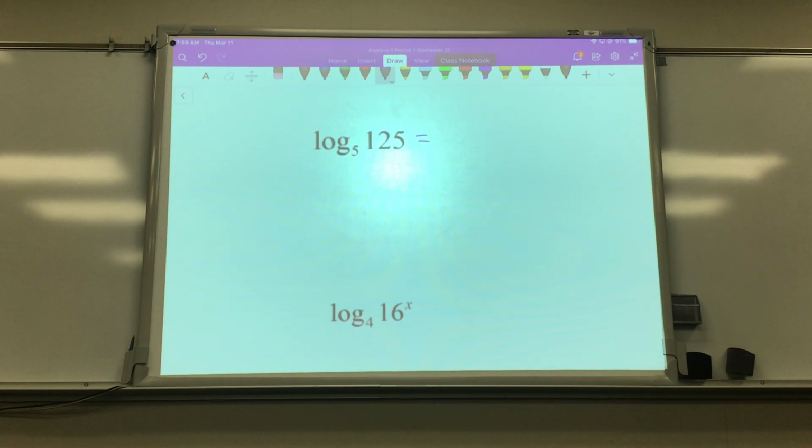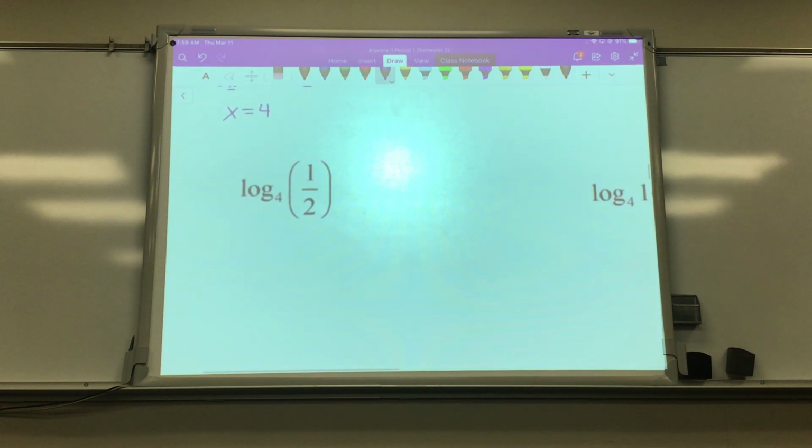5 cubed is 125? Again, I don't know what that is, so I'm going to set it equal to x and rewrite. 4 to the x is equal to 1/2.